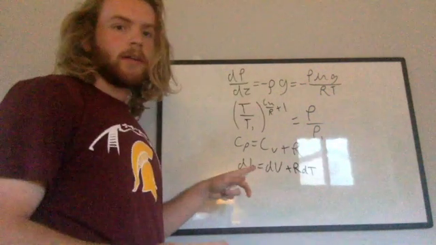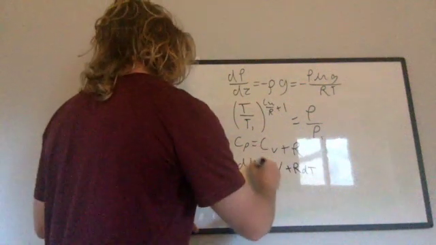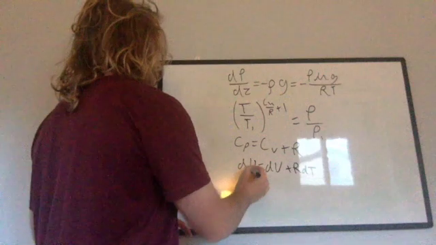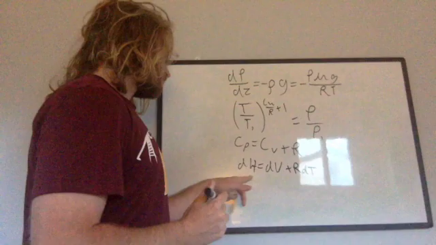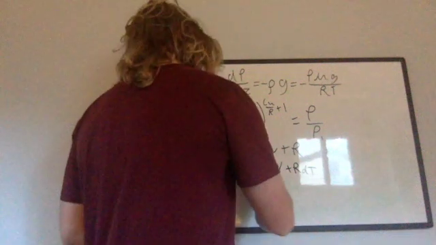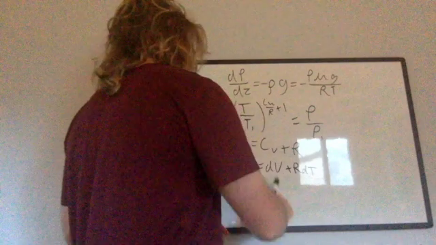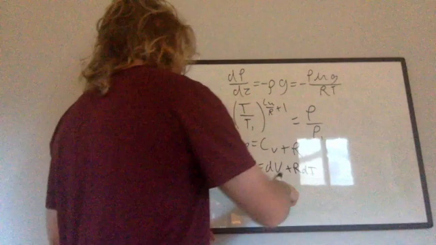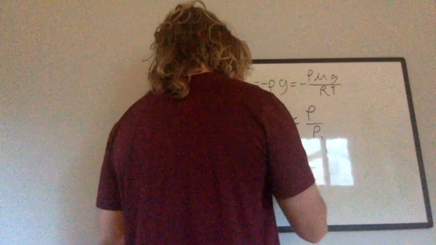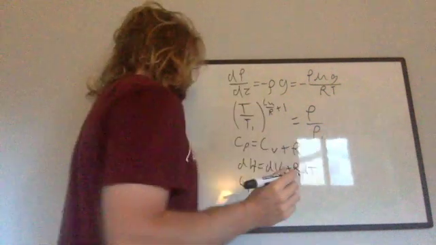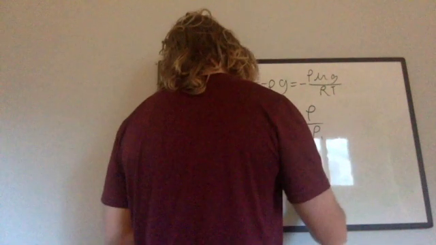And down here, this change in enthalpy, which I think should be a capitalized H right here, we know that this is going to be the specific heat capacity at pressure multiplied by the change in temperature, and this over here, our change in the internal energy, is going to be the specific heat capacity at a volume multiplied by the change in temperature, and this is going to remain the same.